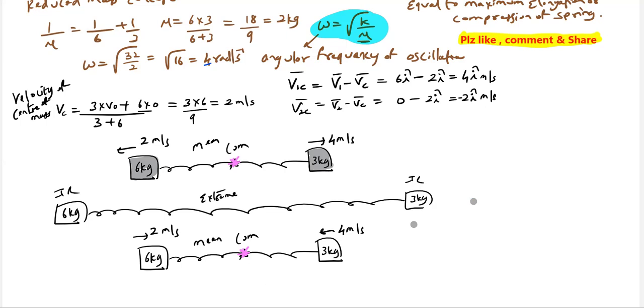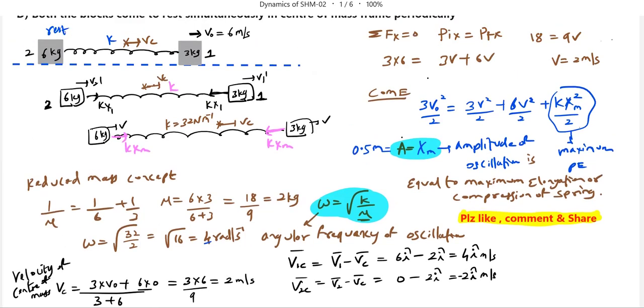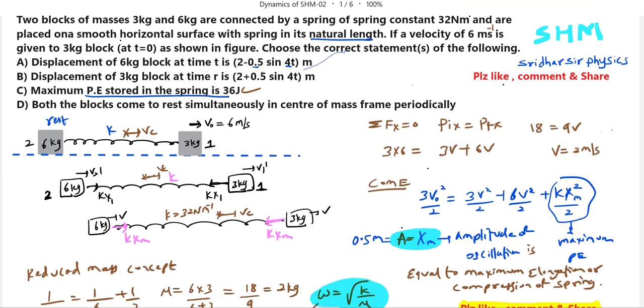Now it is asking about the displacement. What is the velocity after some time? It is asking for the displacement of the 6 kg block and the 3 kg block after some time t.